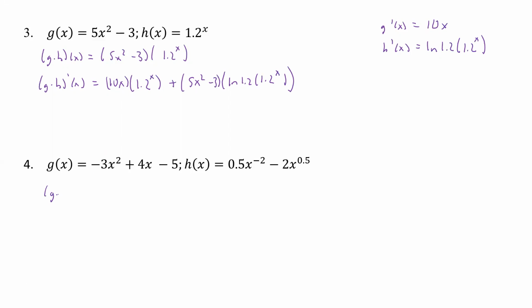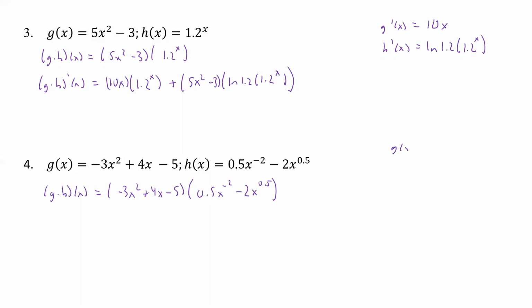Well, again, g dot h of x is going to be just negative 3x squared plus 4x minus 5 times 0.5x to the negative 2 minus 2x to the 0.5. Okay.